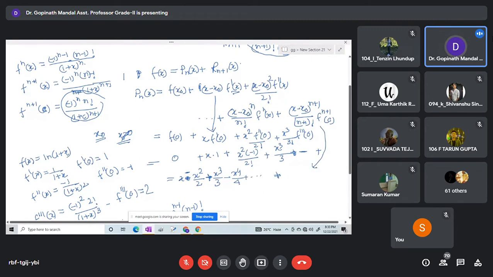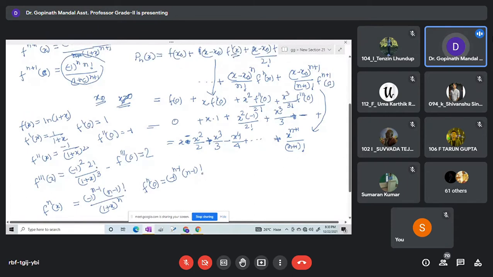The last term is this term. This will be x to the power n plus 1 by (n plus 1) factorial, and what is f(n plus 1)? Actually f(n plus 1) of x is minus 1 to the power n, factorial n, by (1 plus x) to the power n plus 1.